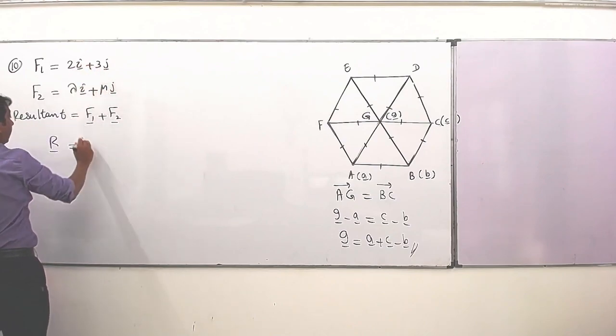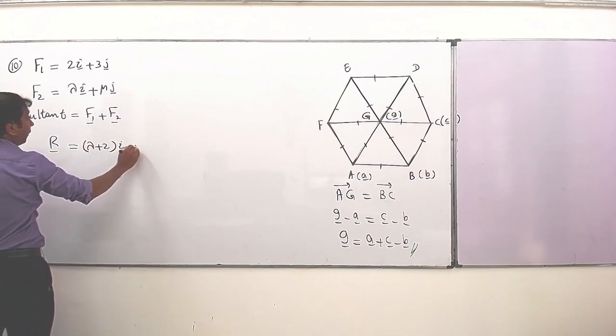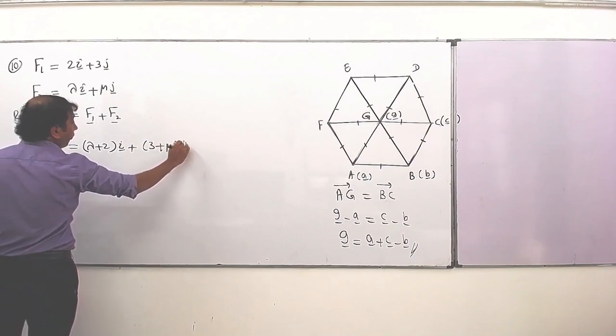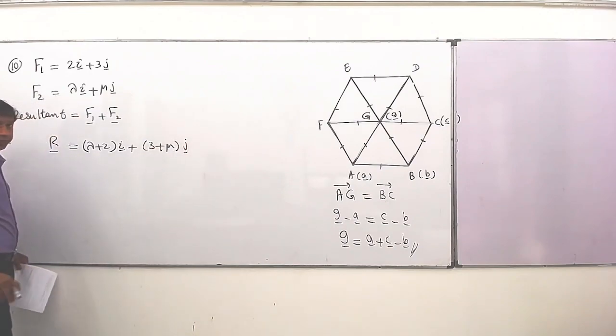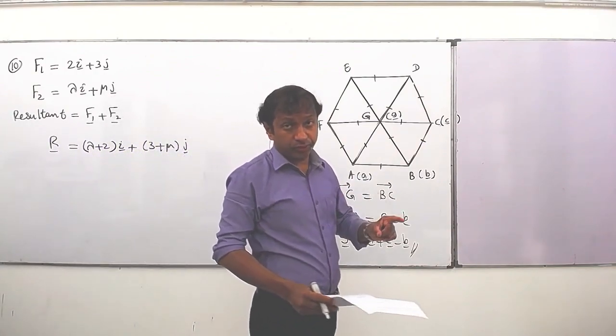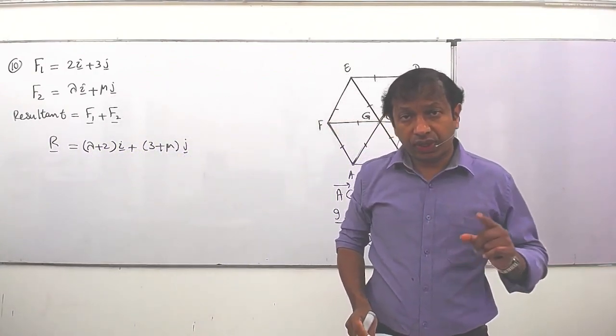We can first add lambda plus 2 times i, 3 plus mu j this way. Okay. This is the resultant force as a vector.